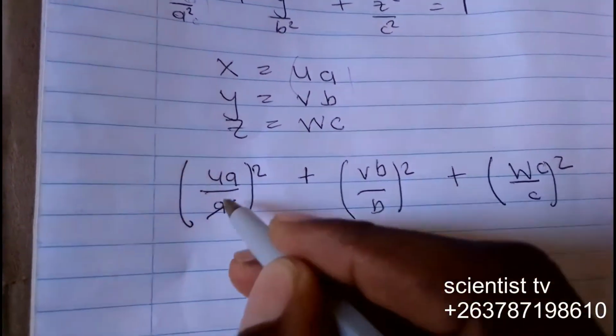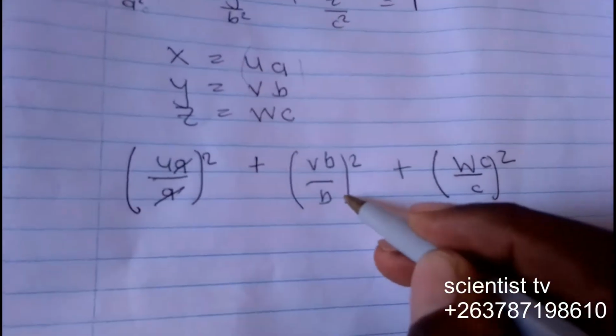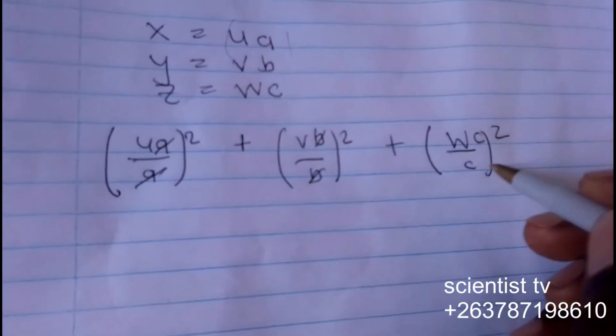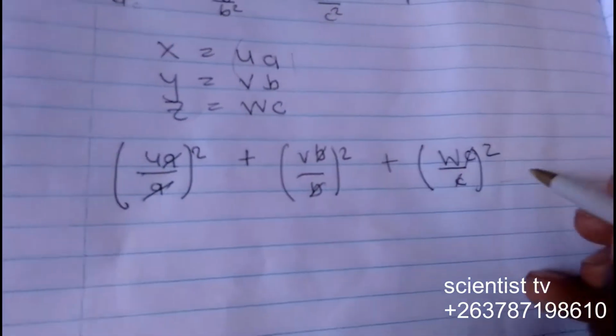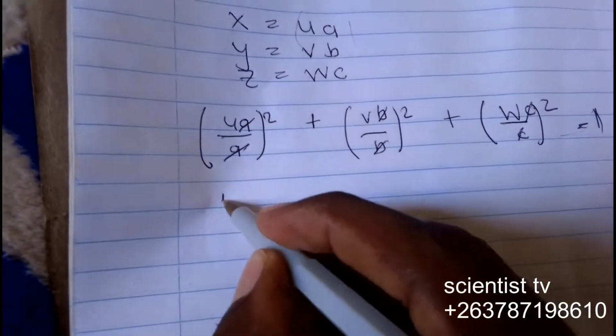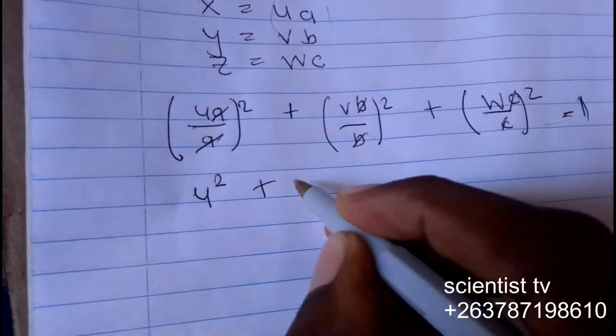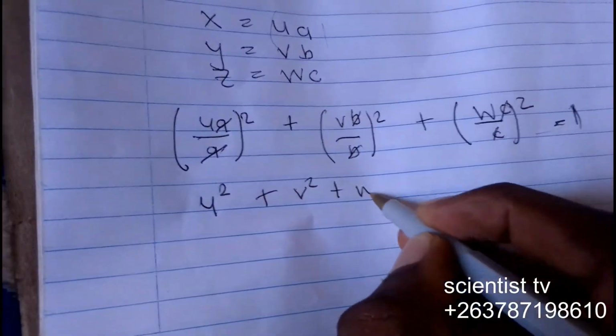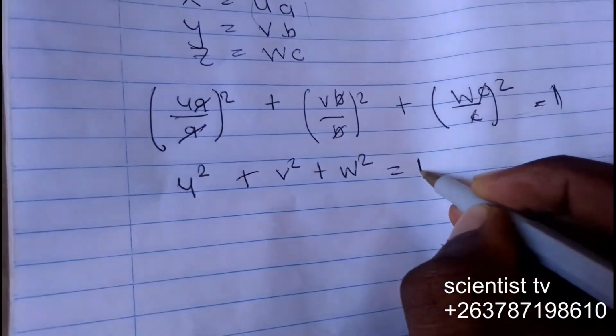Here they cancel, a and a, b and b, and also c and c, equals 1. Let's not forget that. It becomes u squared plus v squared plus w squared, which equals 1.